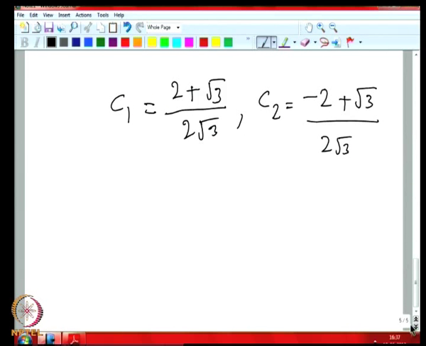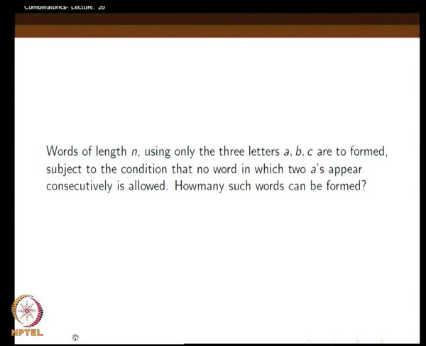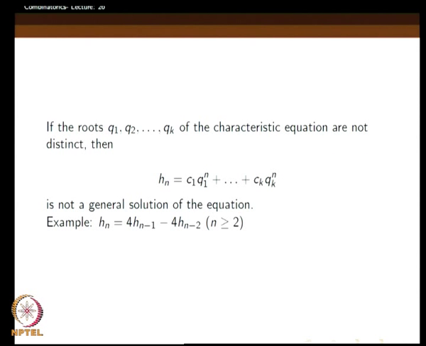Now, next one. We can take any number of examples of this sort. This was also a problem, and this problem was formulated using the recurrence relation, I mean, the counting of how many words can be formed.